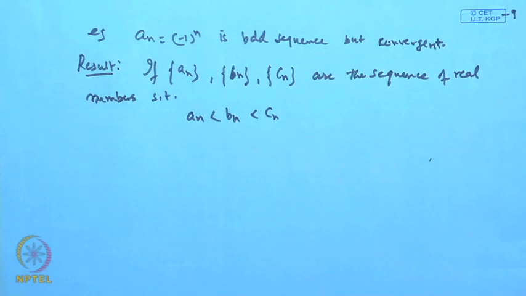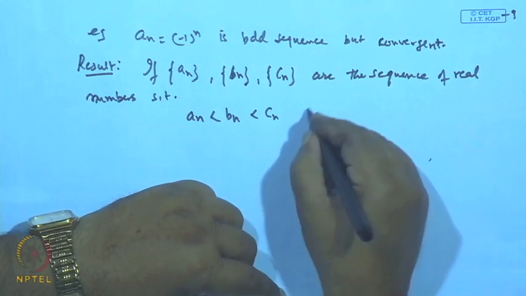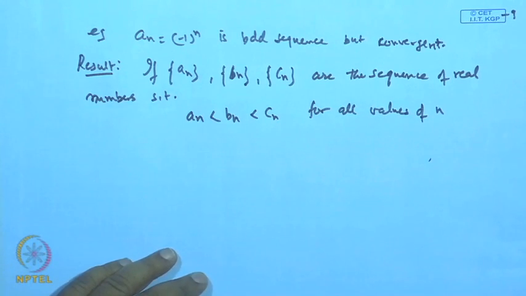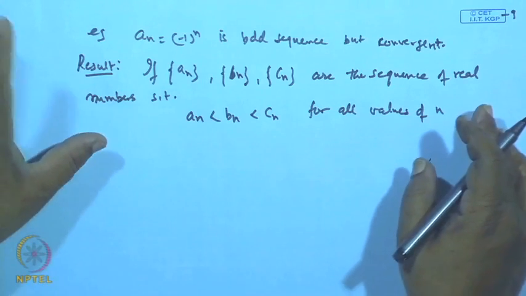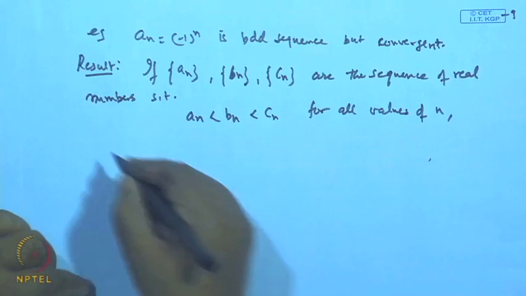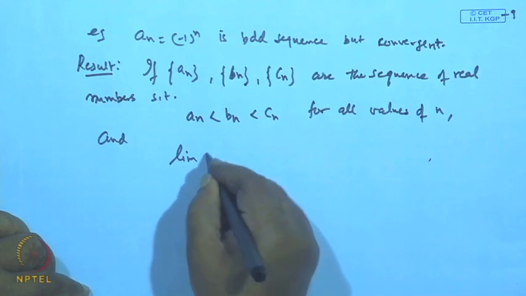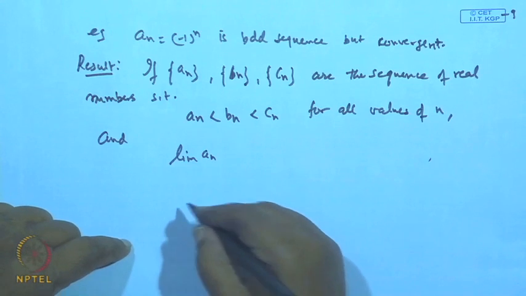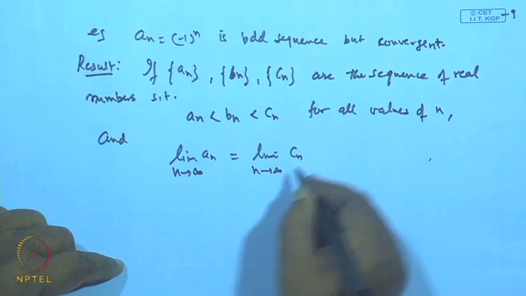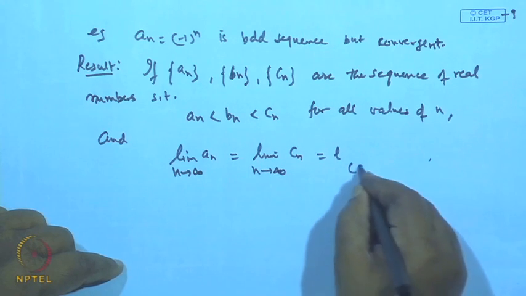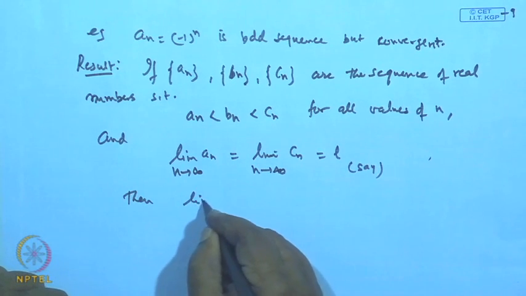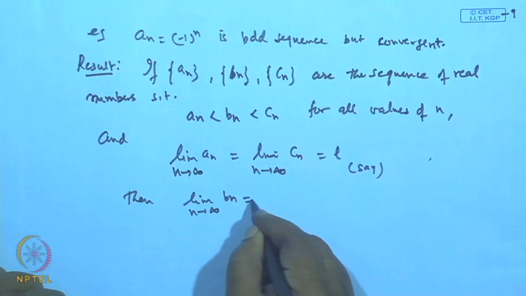Suppose this is true for all values of n. That is, three sequences are given and they satisfy these inequalities for all n, and the limit of a n as n tends to infinity is the same as the limit of c n as n tends to infinity, and suppose it is L. Then the limit of the sequence b n will also be L.